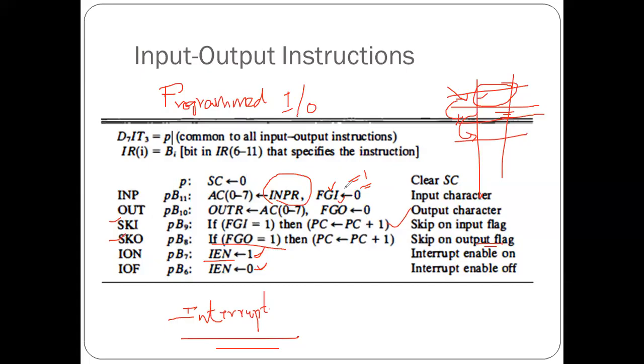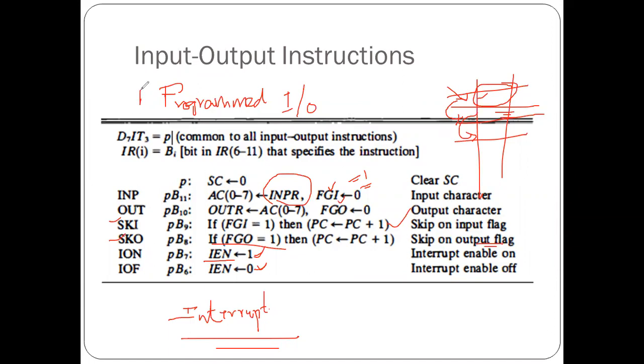If FGI is equal to 1, then only perform the read operation. If FGO is equal to 1, then perform the write operation. Else, you have to be in a wait state. So a program is written for checking these flag conditions, based on which it performs the input or output activity.